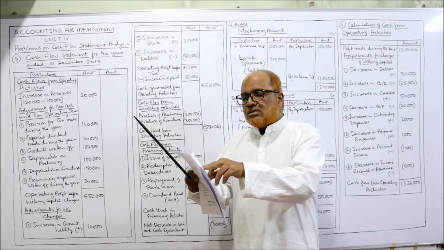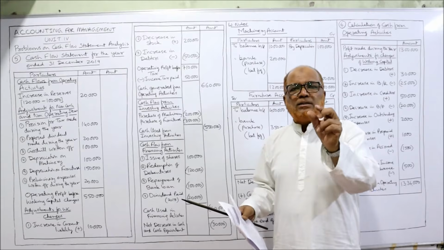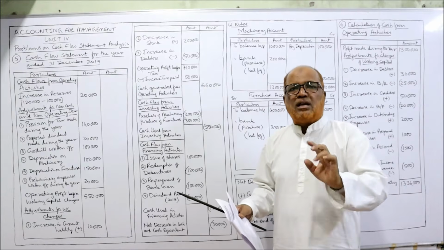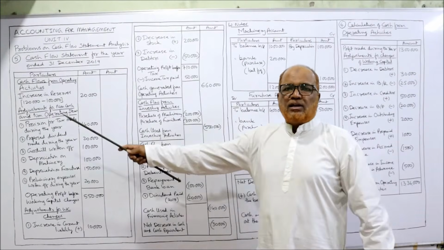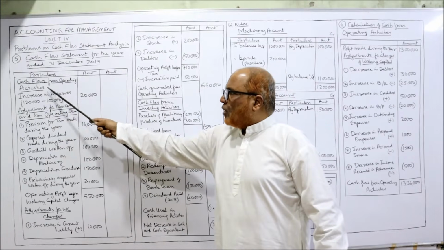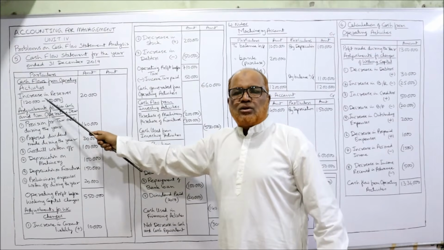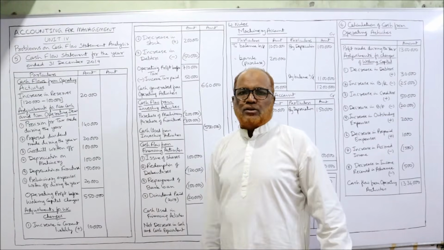Last year reserves 1 lakh, current year 1,20,000. So 20,000 rupees reserves increased during the year. That is the starting point in operating activity. Cash flow from operating activity, increase in reserves: 1,20,000 minus 1 lakh comes to 20,000.